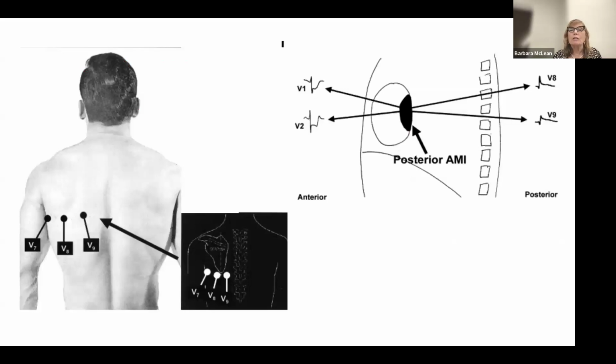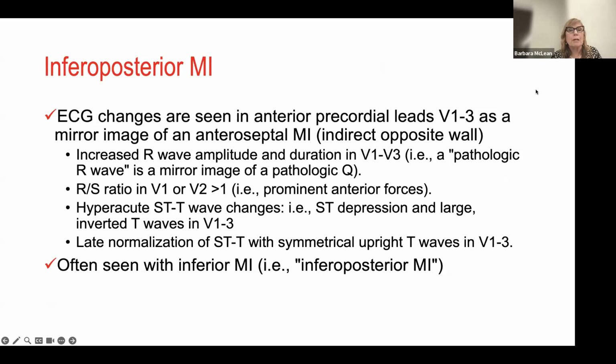So now we look at it on this patient, and on a patient who is actually not this person, this is a model, but on a patient who is having a posterior infarct, what you see is here's your anterior wall, your reciprocals in V1 and V2, and here are direct leads looking directly at that posterior surface, V8, V9, ST segment elevation, and small Qs. That helps me to confirm this.